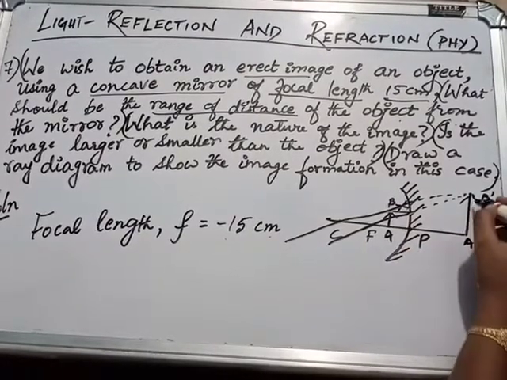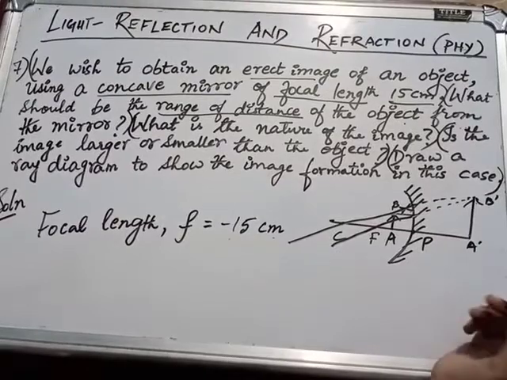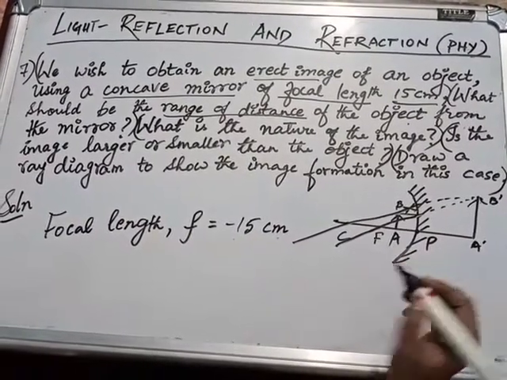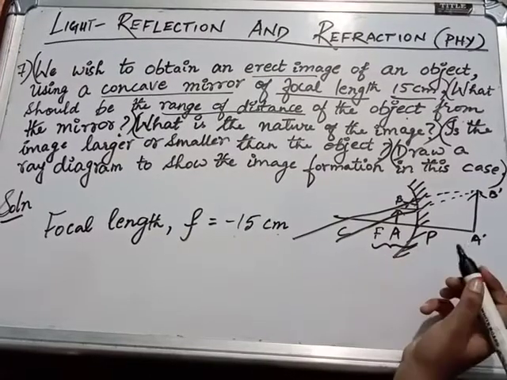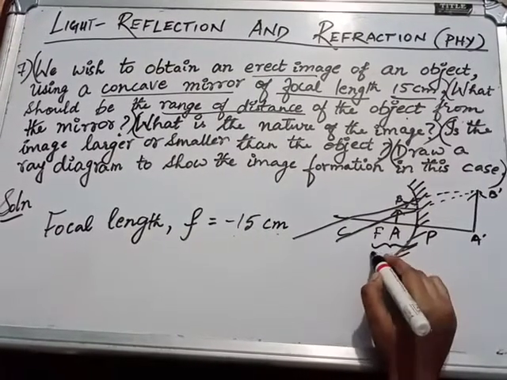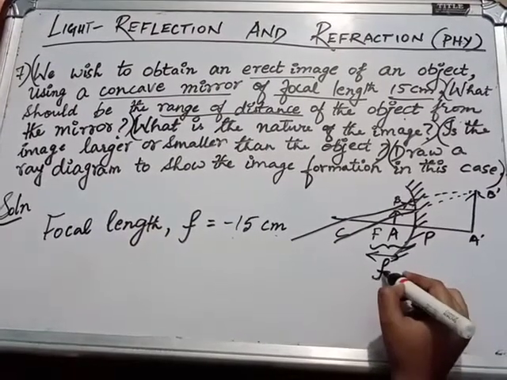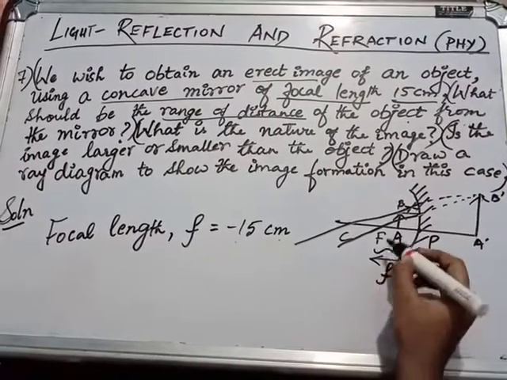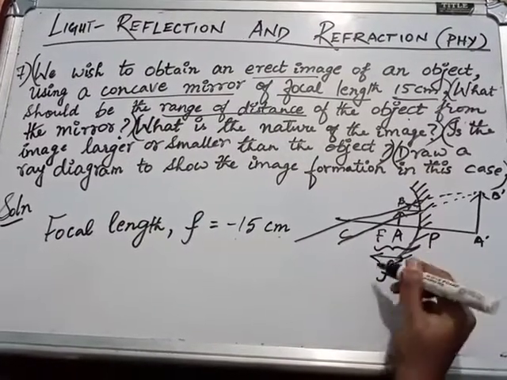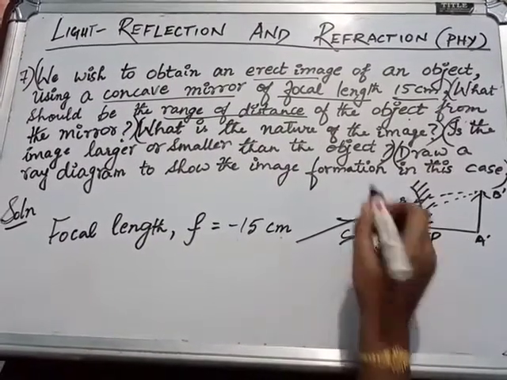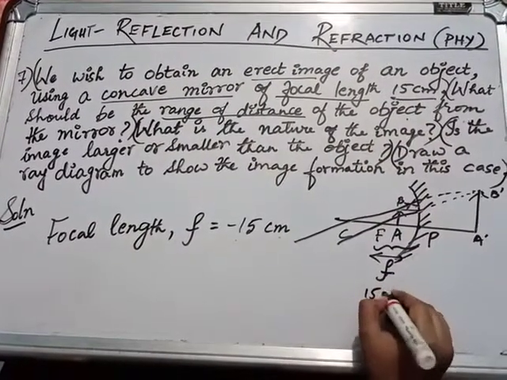This was A, B, A dash, B dash. Now we have got a virtual and erect image in this concave mirror. Where is our object placed? Between the principal focus and the pole. Now this length, what is it called? It is called the focal length. This length between the principal focus and the pole of the mirror is known as the focal length. What is the focal length of the concave mirror? Imagine this to be 15 centimeter.